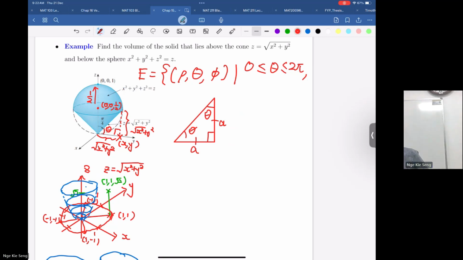Right, isosceles triangle, sorry. Yes, isosceles triangle. I said the wrong thing. Only two of them are the same. Isosceles, correct. Only two sides are the same.